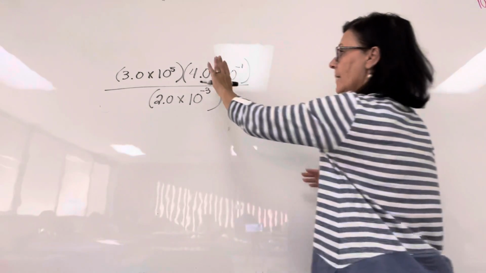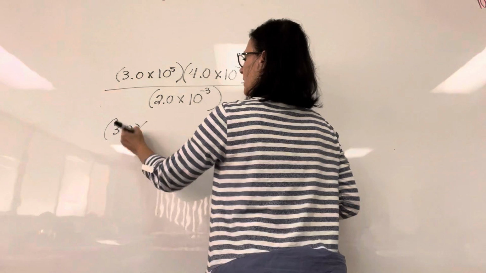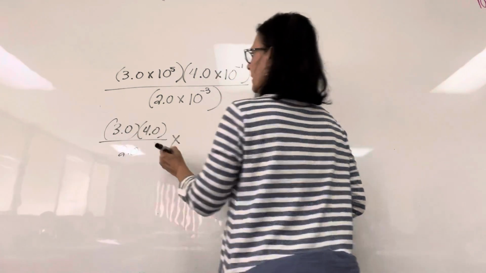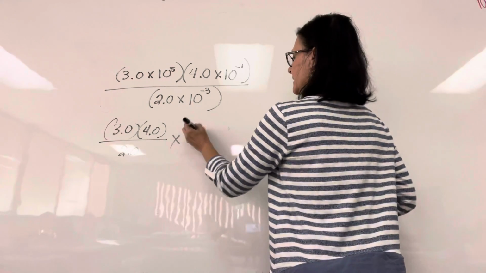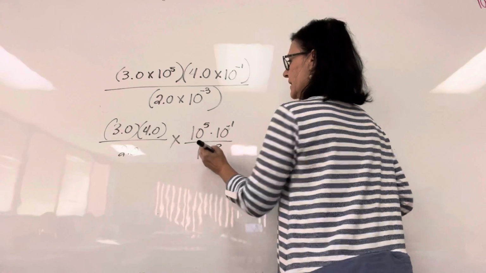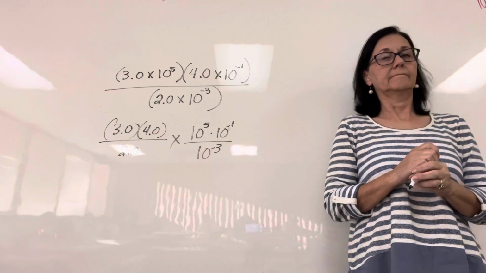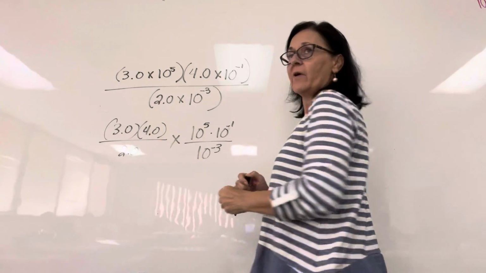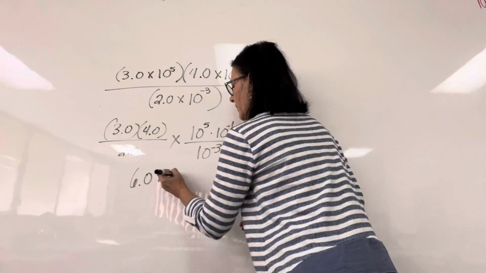Well, I can separate the first part of the numbers, 3.0 times 4.0 divided by 2.0, from my factors of 10: 10 to the 5th, 10 to the negative 1, 10 to the negative 3. I made it easy. This is 12. Half of 12 is 6. So this would be 6.0.